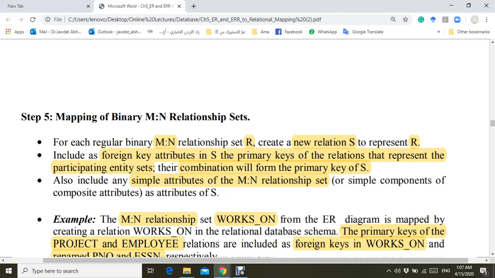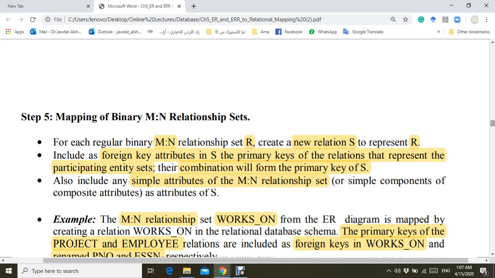We make the relationship by itself a relation, and we put in this relation the foreign keys from both entities involved in this relationship. For example, if we have two relations S and R with a many-to-many relationship between them, in this relation we put all the attributes of the relationship besides a foreign key from S and a foreign key from R.